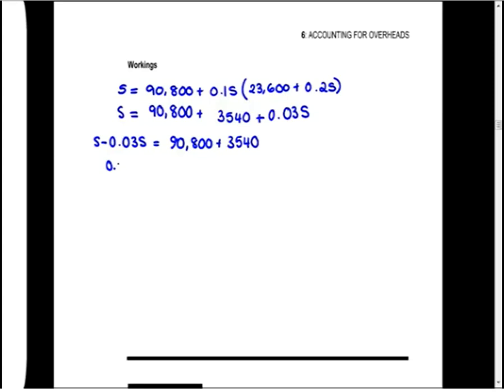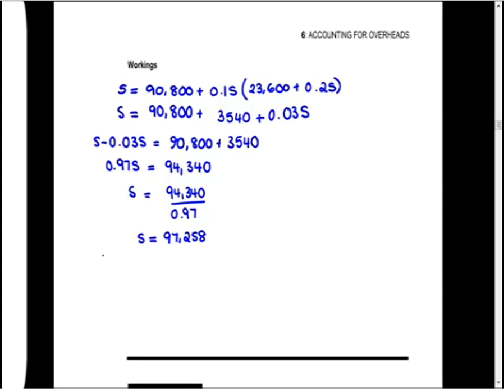So 0.97S is equal to 94,340. To get S on its own, divide both sides by 0.97 and you end up with S equal to 97,258. And that's going to be the total amount that will get transferred out of the stores department.